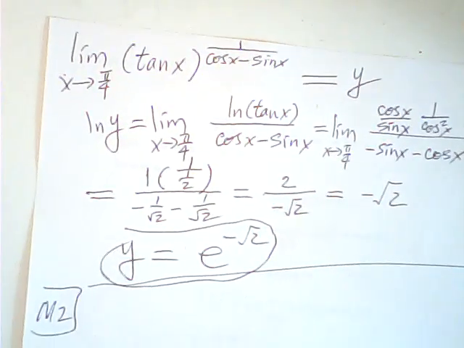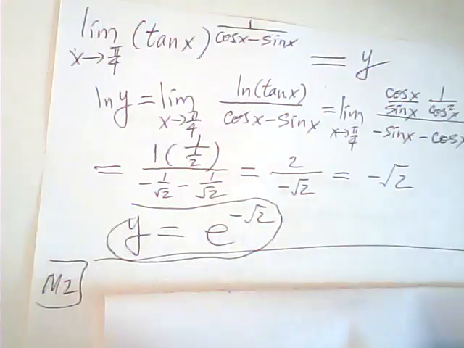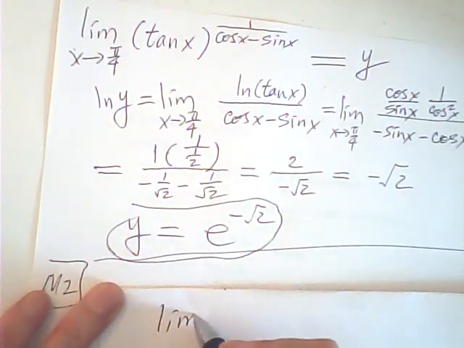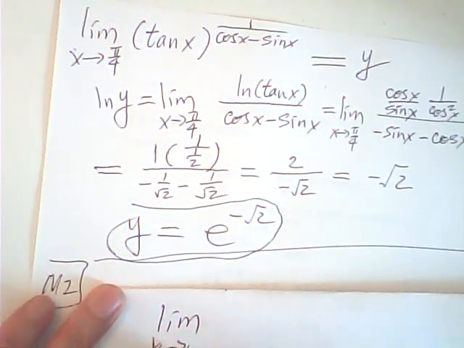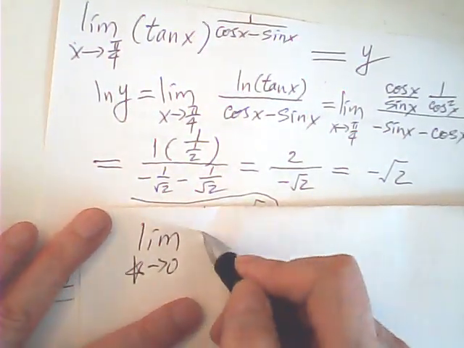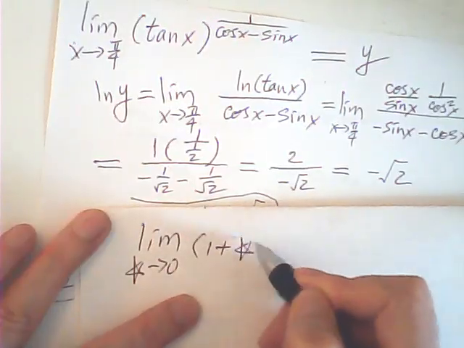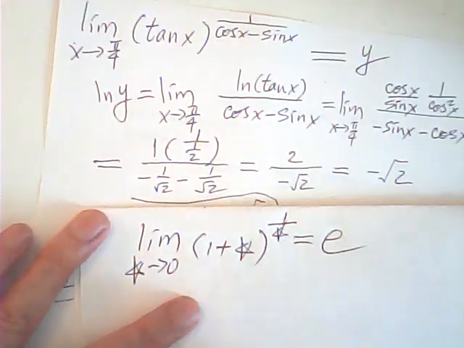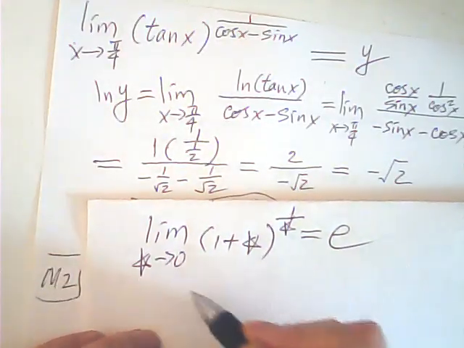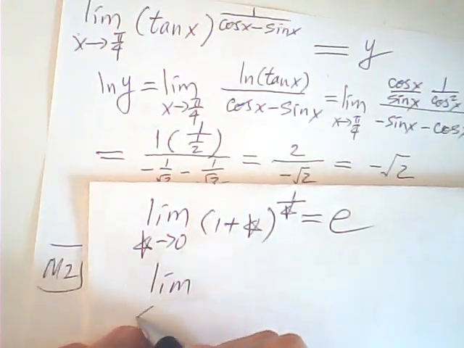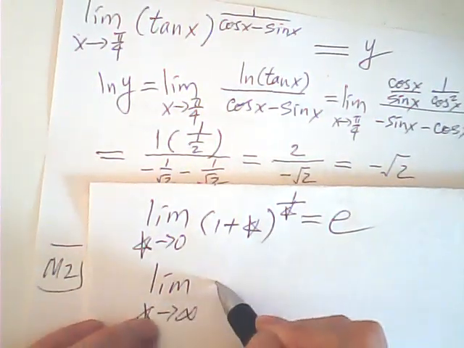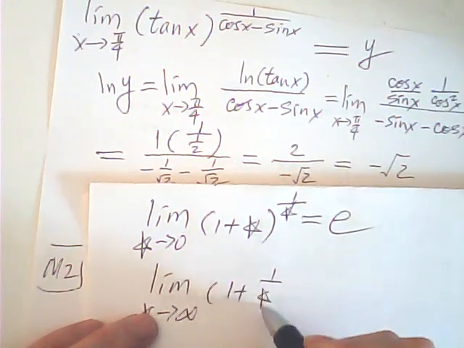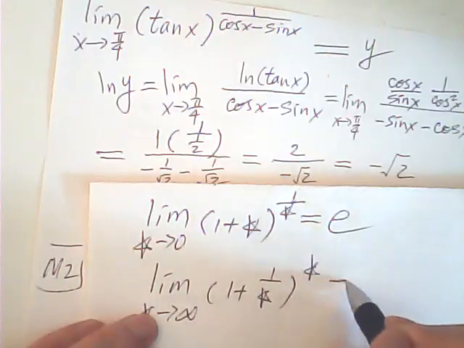Method 2, I'm using this formula. The limit, something goes to 0, 1 plus something to the power 1 over something, which is equal to e, right? That's where e comes from. Or we have this. Something goes to infinity, 1 plus 1 over something to the something is e, right?